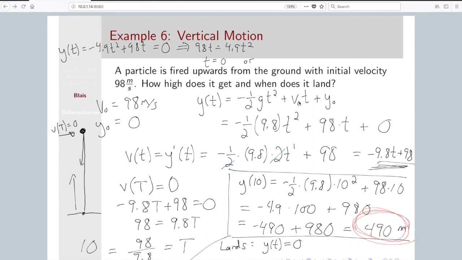And the other root will be given by 98 equals 4.9t, which means t is 98 over 4.9, or 20 seconds. So 20 seconds is when it lands, and its maximum height was 490 meters.